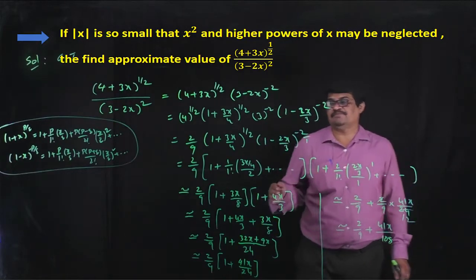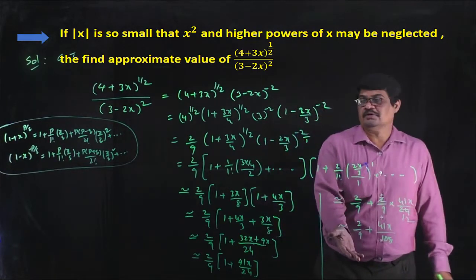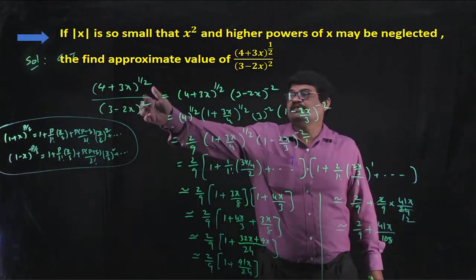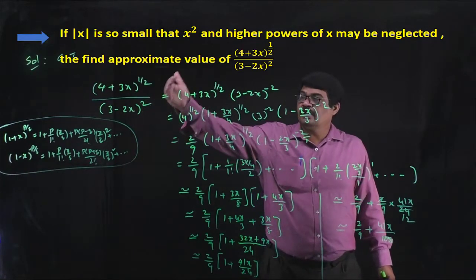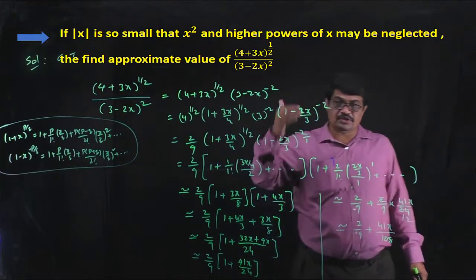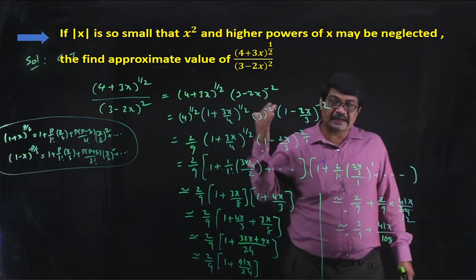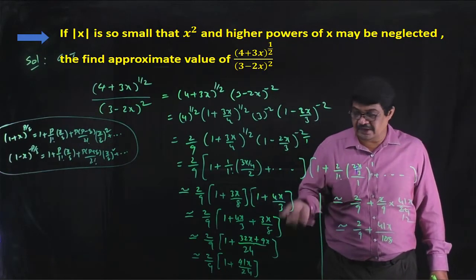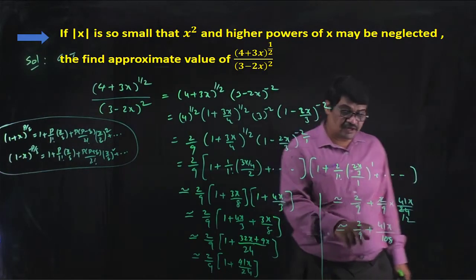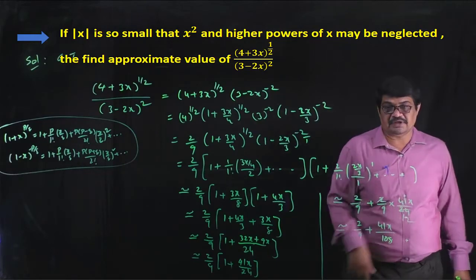So this is the approximate value of the expression (4 plus 3x) whole power 1 by 2 over (3 minus 2x) whole square. We expand these two terms using the binomial theorem, neglecting x square and higher powers, and we get the value 2 by 9 plus 41x by 108.